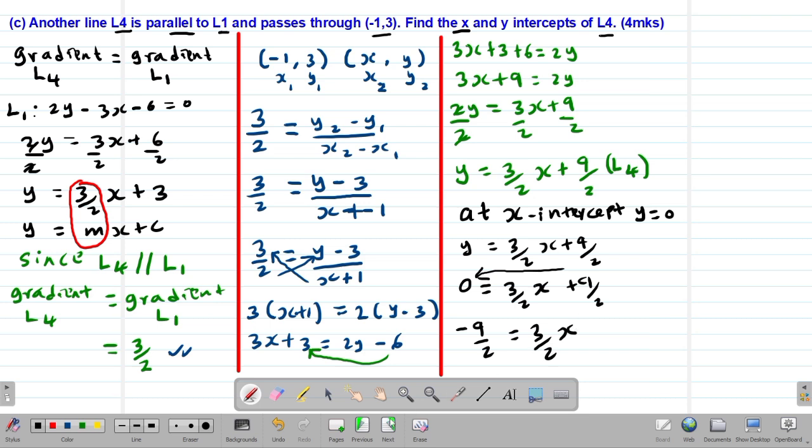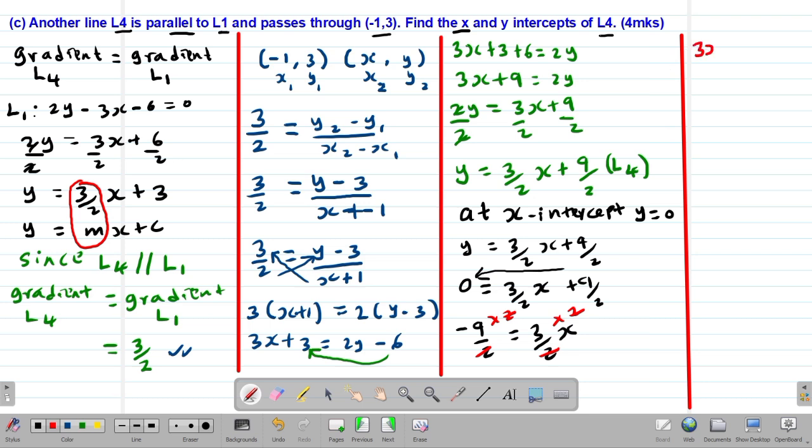Then if I want to get the value of x, I can multiply through with the LCM, which is 2. So multiply by 2, then of course by 2. So 2 and 2 will cancel out, 2 and 2 will also cancel out. So I'll end up with 3x being equal to -9.